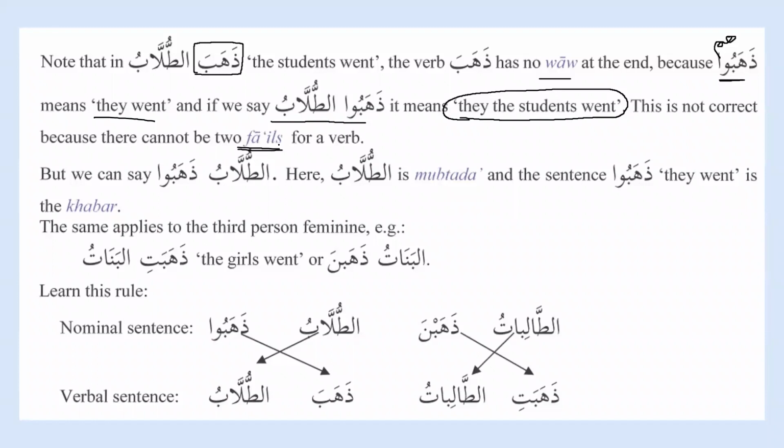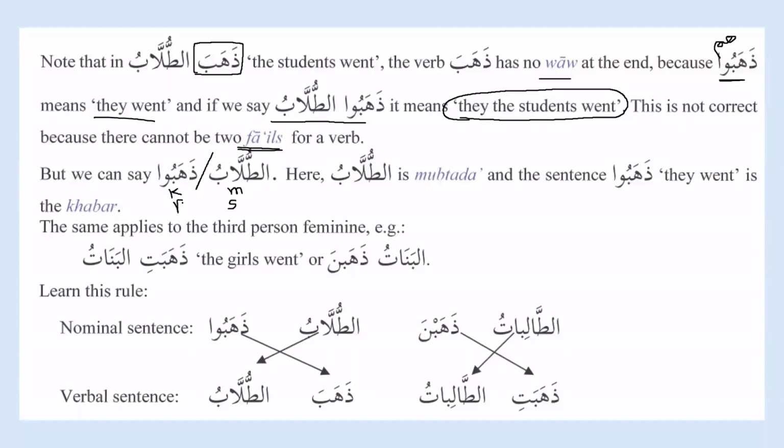However, if it's a nominal sentence, a jumla ismiya, then it's a different case. We know in jumla ismiya, the subject and the predicate are equal, right? So we can say at-tullabu dhahabu. And now we will say that at-tullabu is mubtada and dhahabu is khabar, or the subject and the predicate.